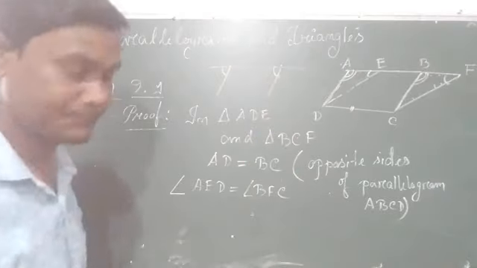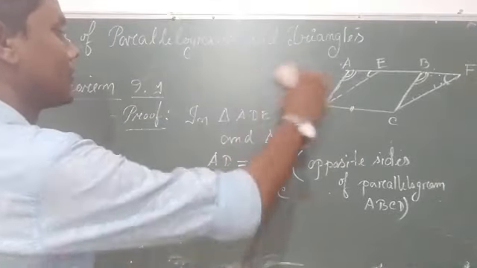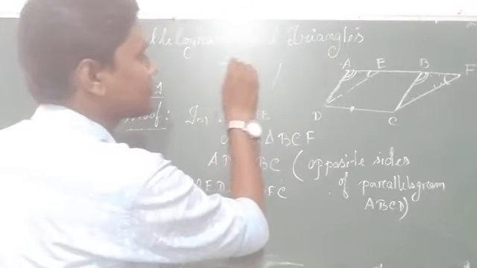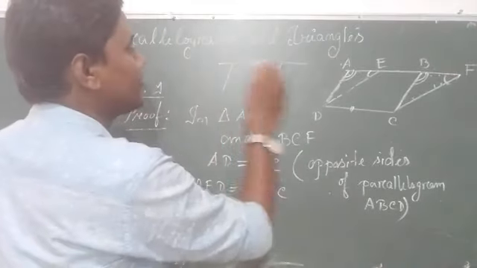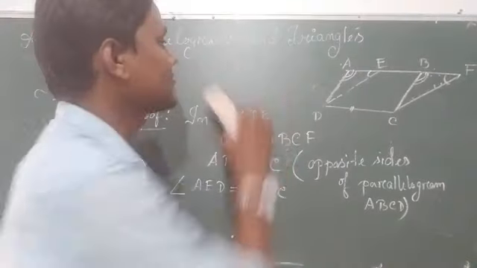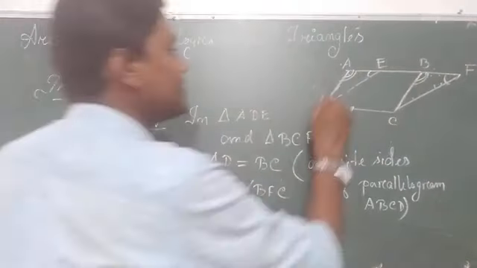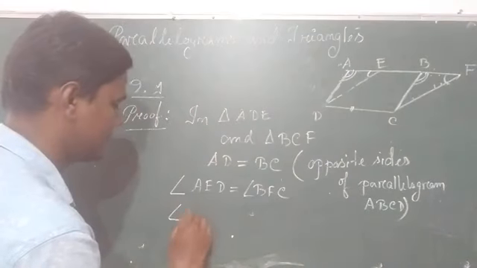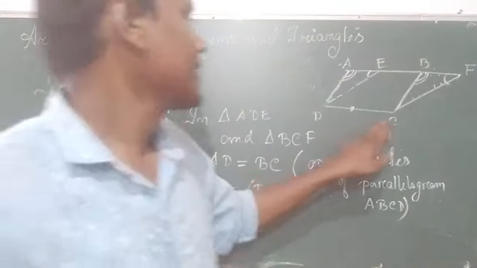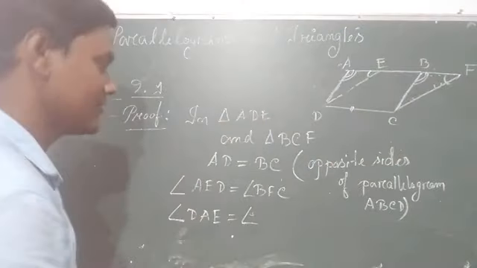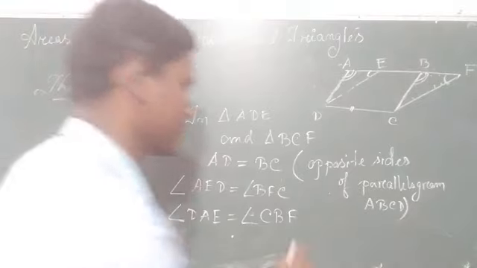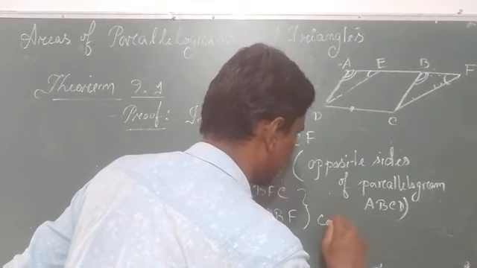I will show you here, this AD line and BC line are parallel. This is the transversal. So this angle will be equal to this angle, corresponding angles. So I can write angle DAE is equal to angle CBF, corresponding angles. Both are corresponding angles.